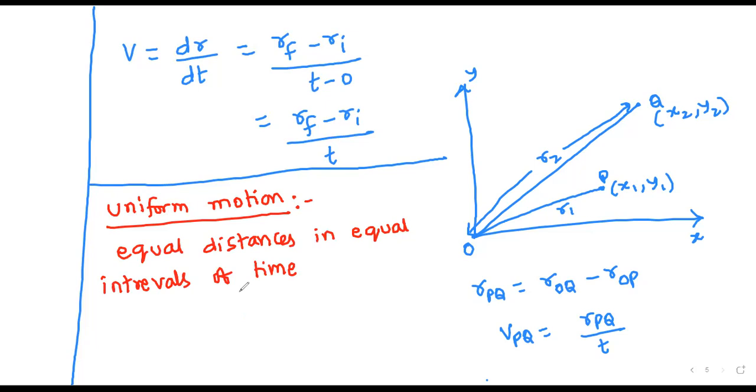It means S is directly proportional to T. If distance increases by 2 units, time will also increase by 2 units. If distance increases by 3 units, time will also increase by 3 units.